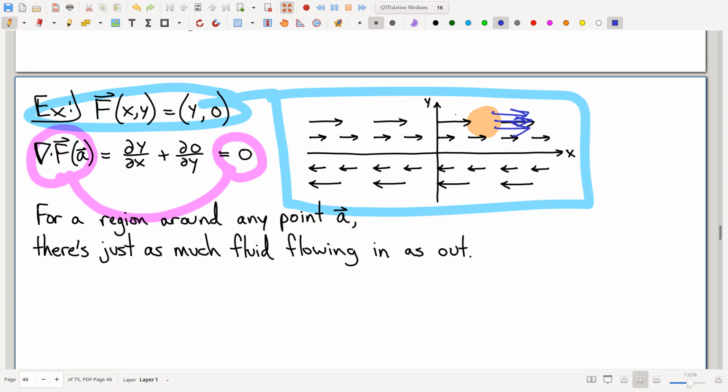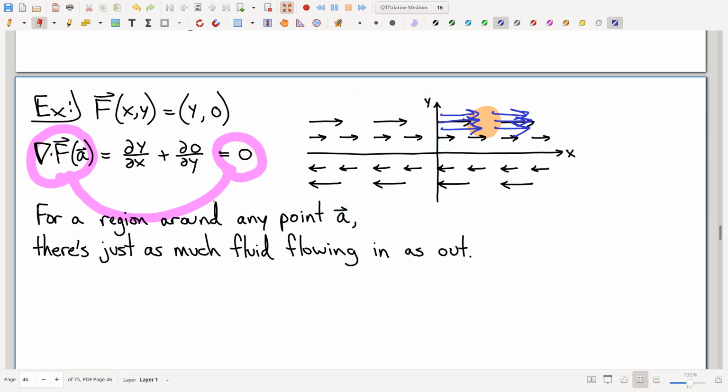But here's the thing, you also have a bunch of fluid flowing into that region. And if you think about it, flowing into is the negative of flowing out of. So you can think of this as simultaneously there being a positive contribution to divergence and a negative contribution to divergence, and they cancel. And 0 actually kind of makes sense if you think about it that way. So again, this kind of tracks, right? That's consistent with what I had claimed. Doesn't prove anything. Hopefully it makes it a little bit more believable.